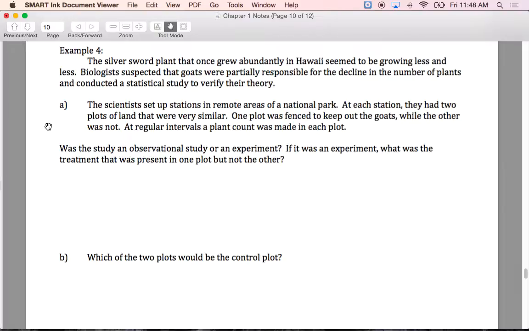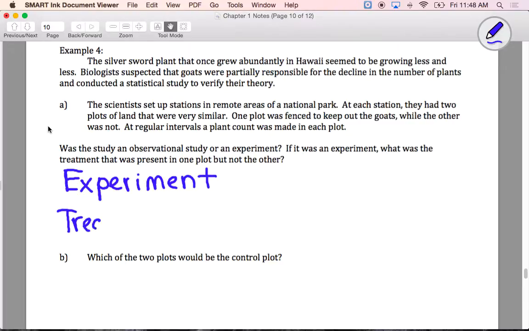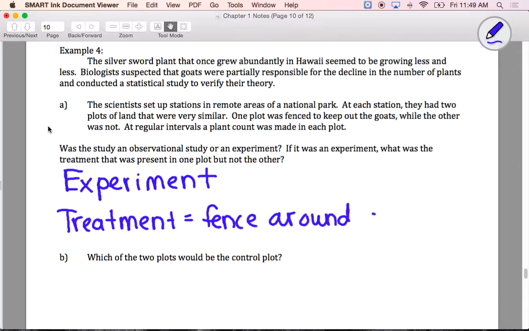So this is an experiment because they're doing 2 different plots. They're changing something in the other plot. So our treatment then is the fence around one plot.